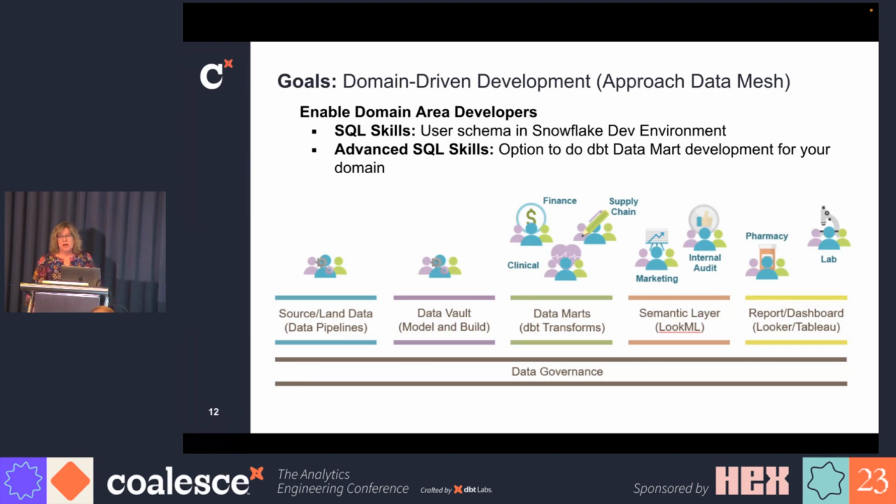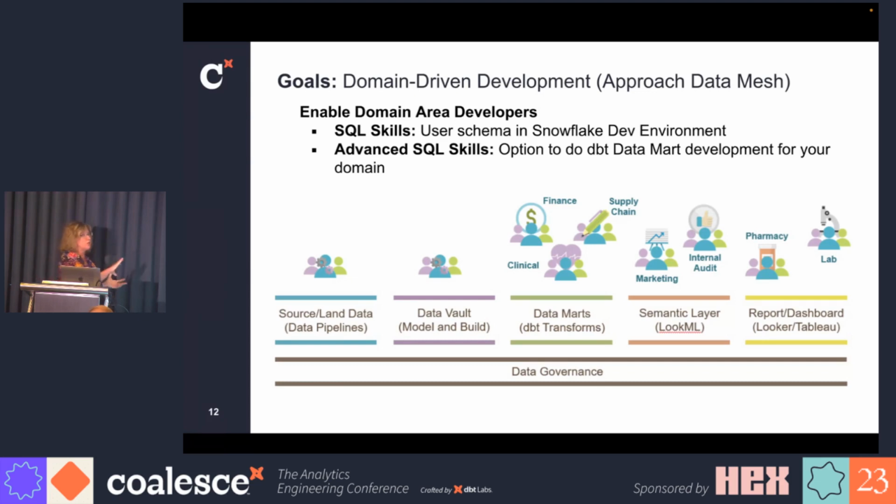So we may have our lab and pharmacy folks, they don't have analysts with SQL skills on their team. Those folks are going to need to be supported by us, and we'll be doing their DBT development for them, but they'll be doing reporting and dashboarding. And then you may have folks that are a little more comfortable in putting the semantic layer together, like for instance in the picture, marketing and internal audit.